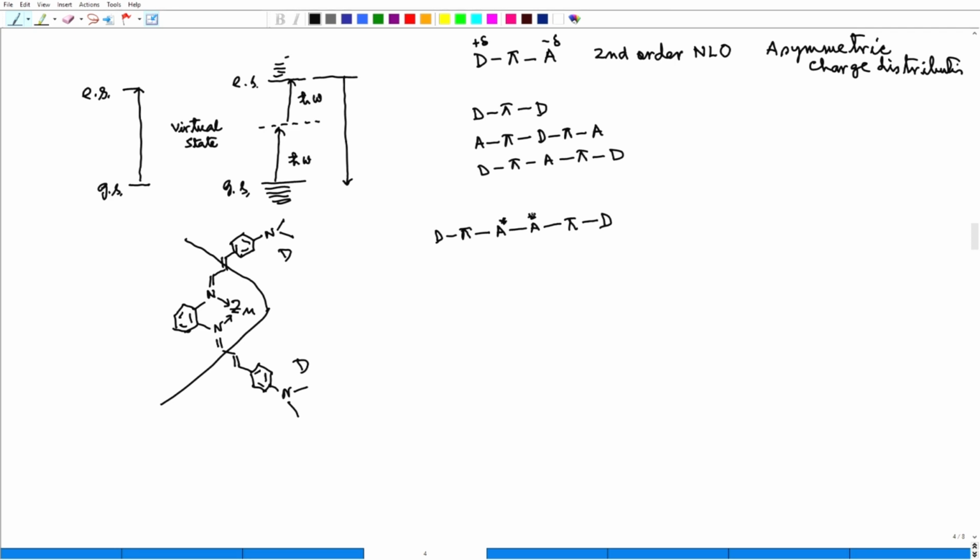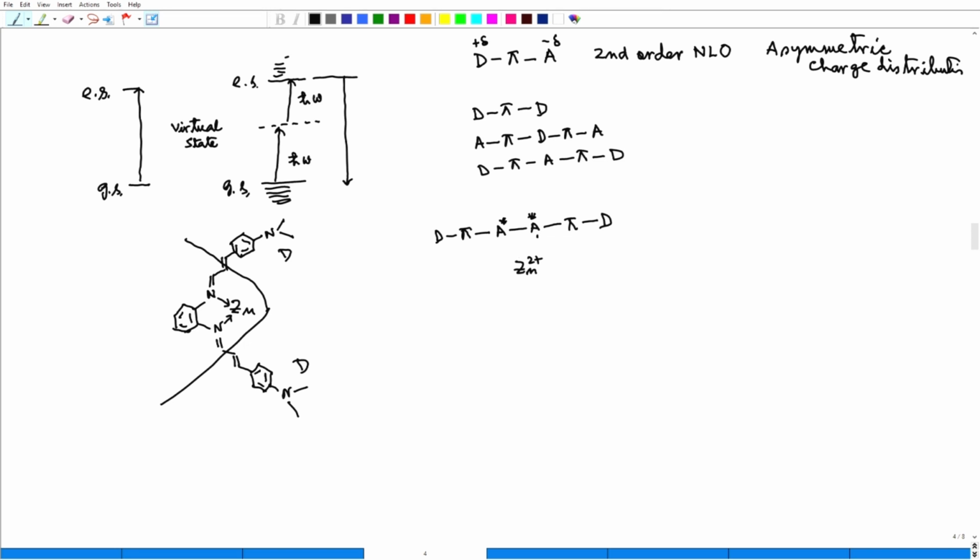This A and this A are very weak A, but if I put a zinc 2 ion, what happens? Weak A means it wants electron density, but because of zinc 2 plus it wants more electron density.